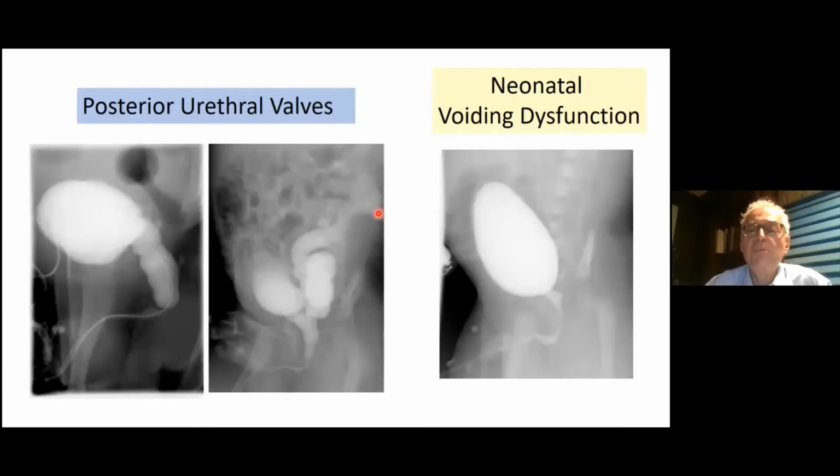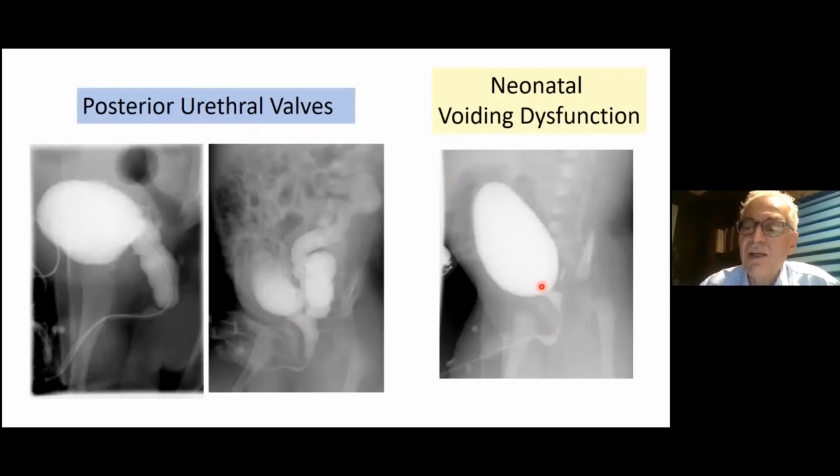Now I showed a couple cases of valves, and I want to show you the alternative, the neonatal voiding dysfunction here. So here you see the elongated posterior urethra, very dilated with this configuration at the bottom, pretty much the same here. And then you can see the neonatal voiding dysfunction. So this is not a trabeculated bladder, it's a smooth bladder.